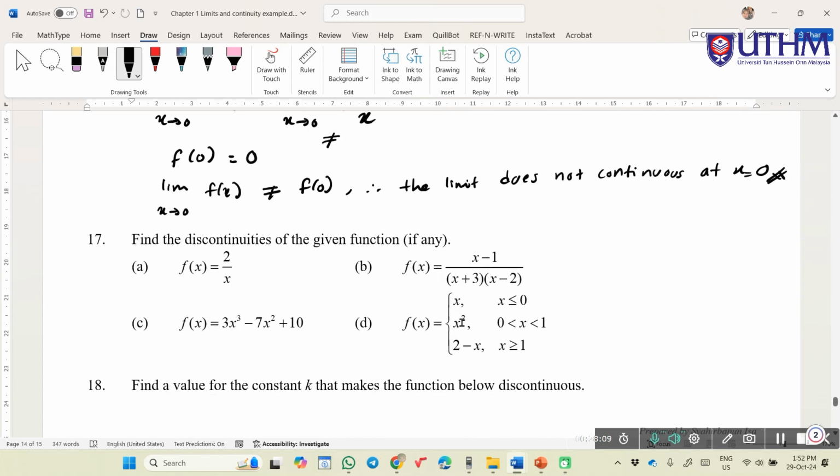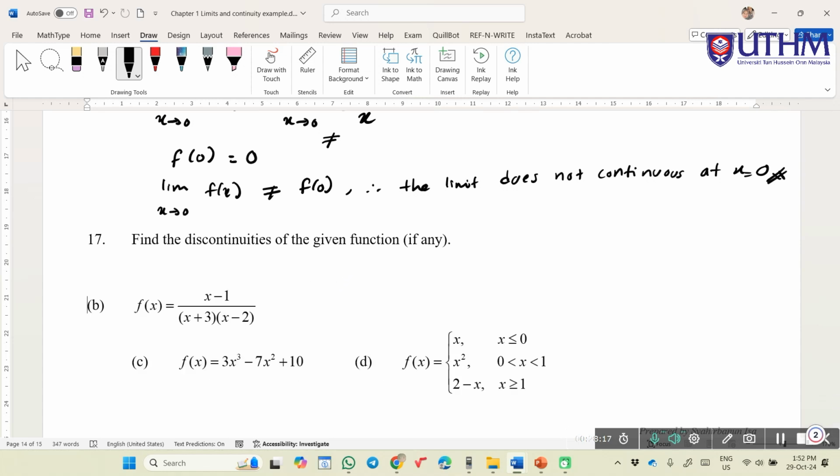So now for the next problem, find the discontinuities of the given function. Okay, we know that discontinuity occurs when the function is not continuous.